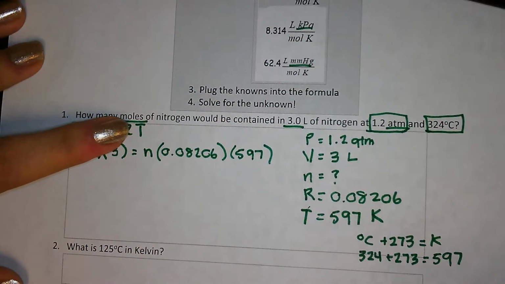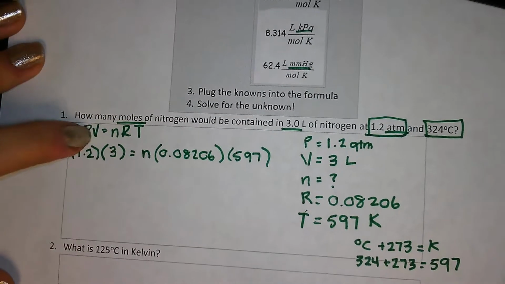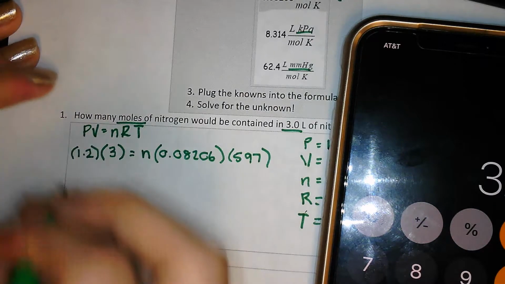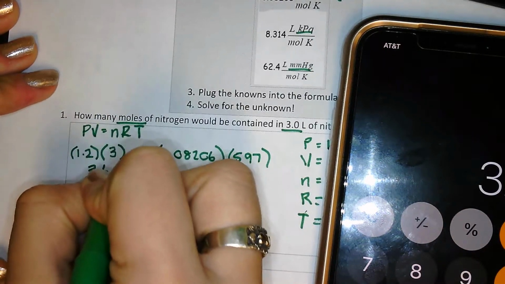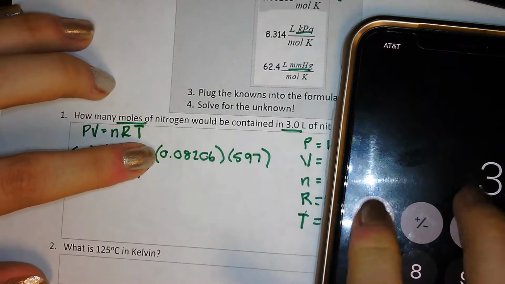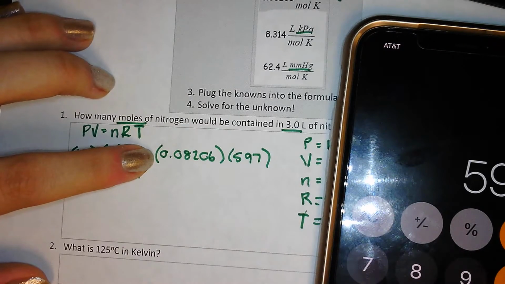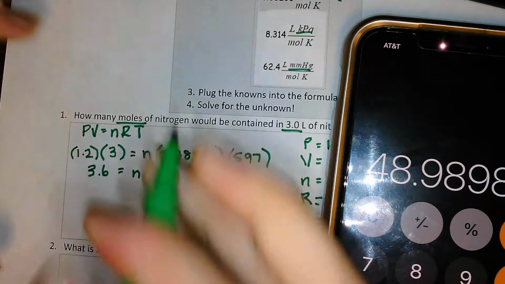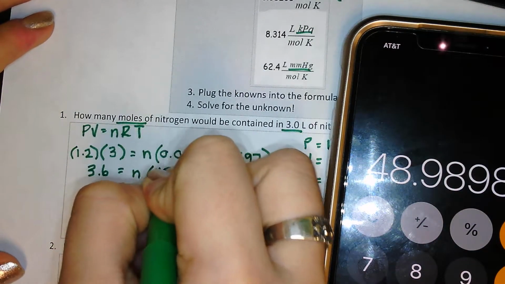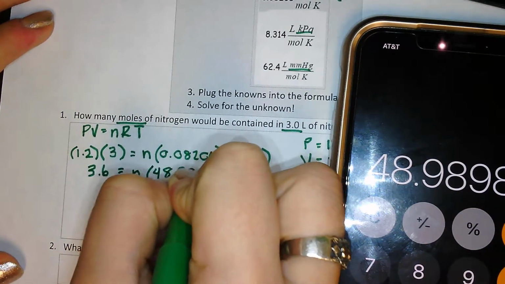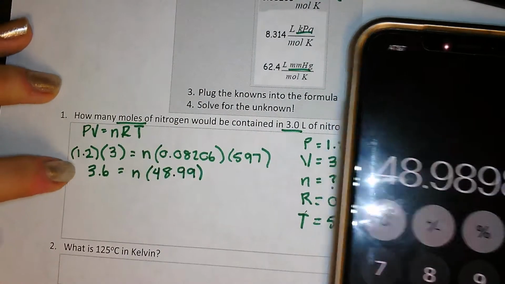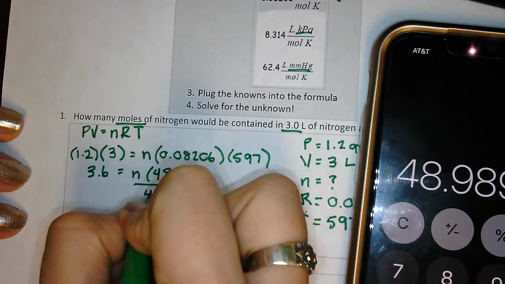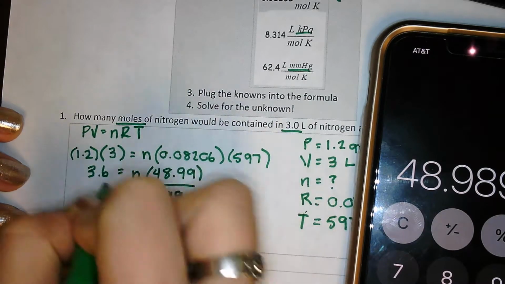So now I'm going to start multiplying these numbers out. 1.2 times 3 is 3.6 is equal to N times 597 times 0.08206, which is 48.99 approximately.